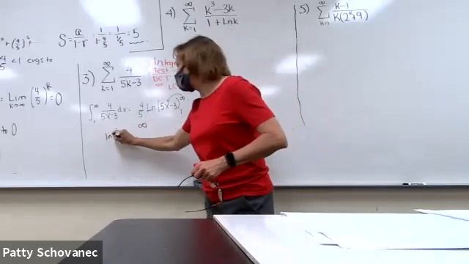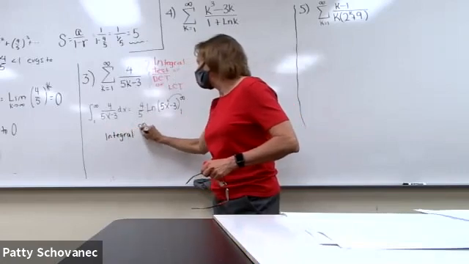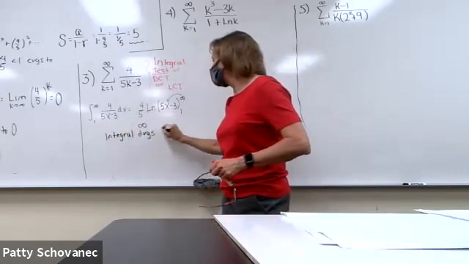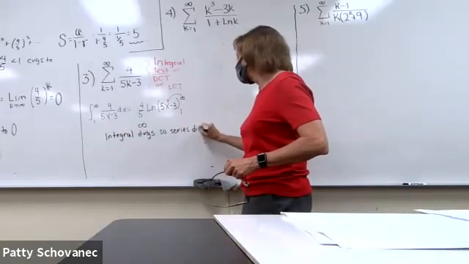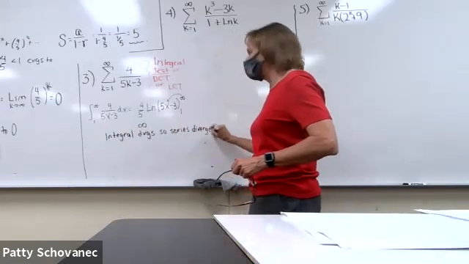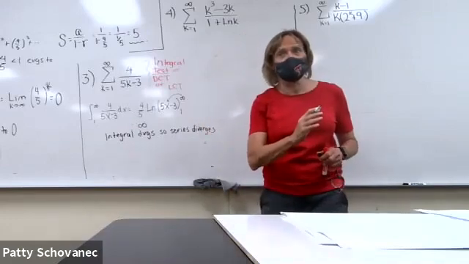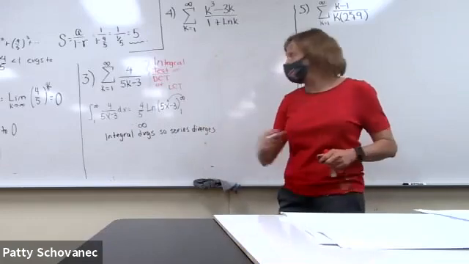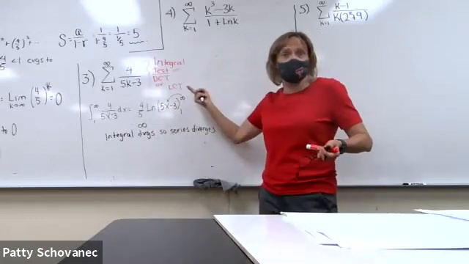The integral diverges, so the series diverges. So when you're doing the integral test, make sure you compute the integral. And then show me that the antiderivative diverges at the upper limit or converges, given the case.